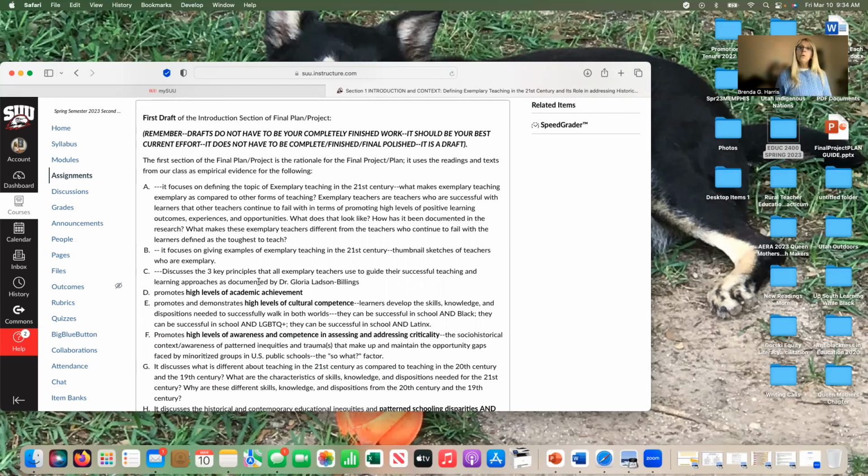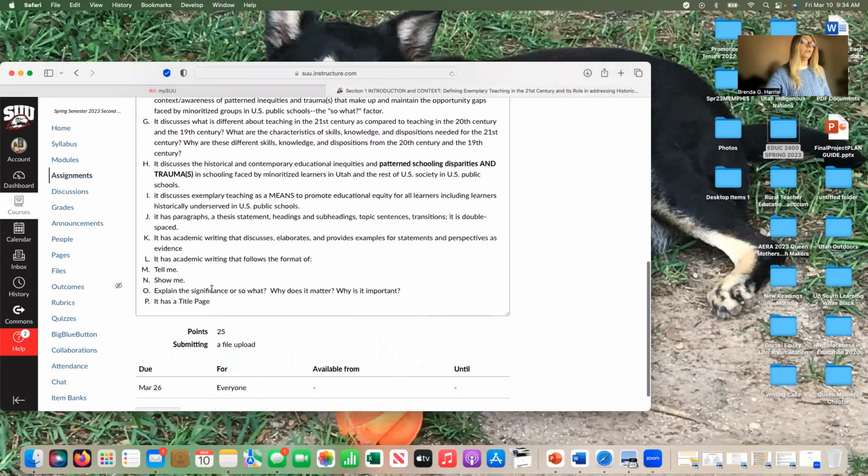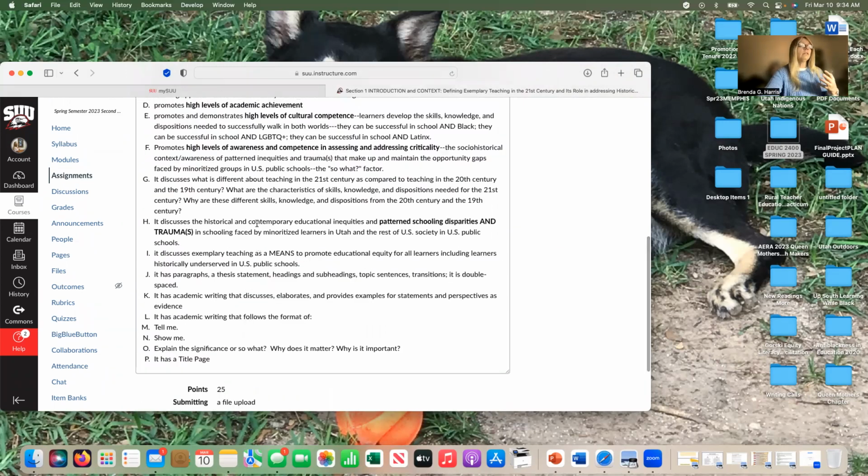So if you have that too, where you're like, wow, this is A, B, C, all the way down to P, I'm overwhelmed. I don't know what to do. So read through carefully, think about it, close it, and then just start free writing. Okay, then you can go back and see, did I talk about this?